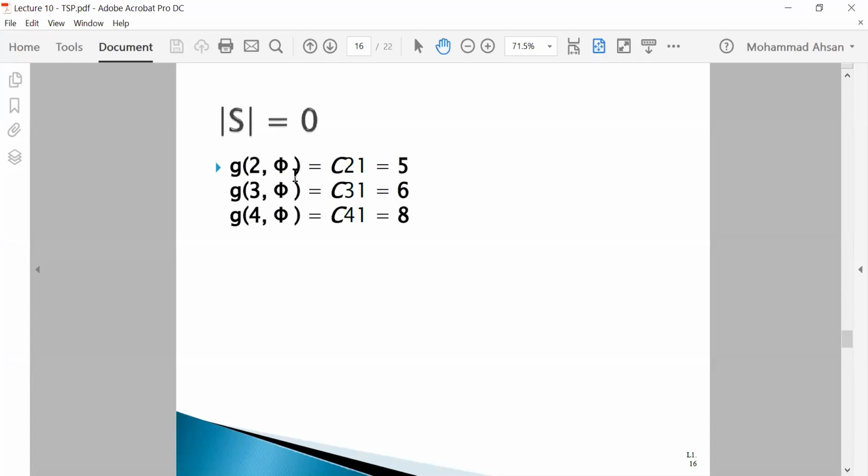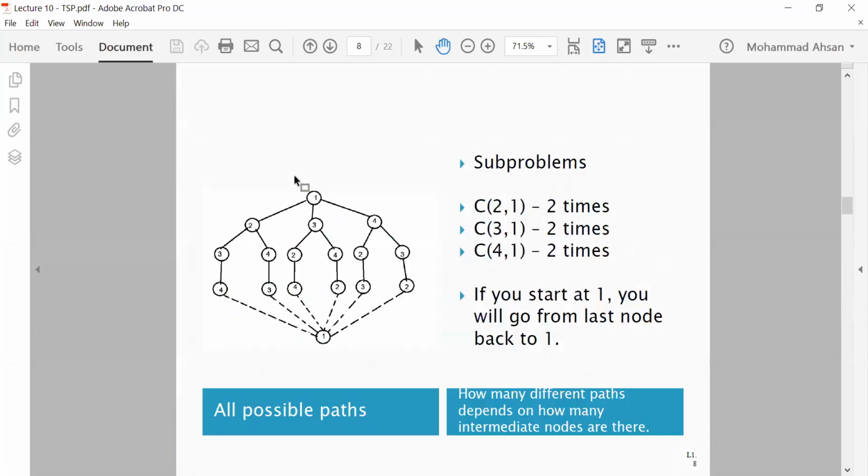Okay, so if I go up here, this is what we are calculating: 2 to 1. We assume we have reached 2, whatever the cost of going from 1 to 2. So what we are calculating is the cost of the tour starting at 2 with no intermediate vertices and going back to 1.